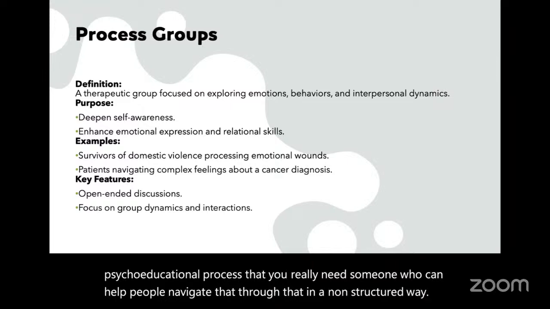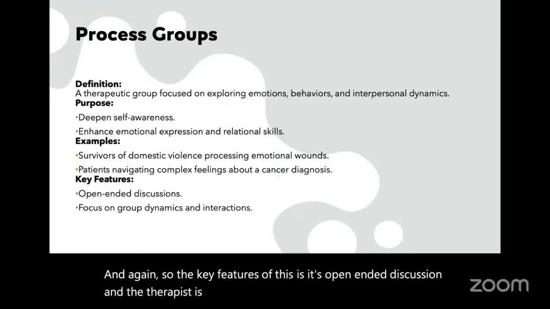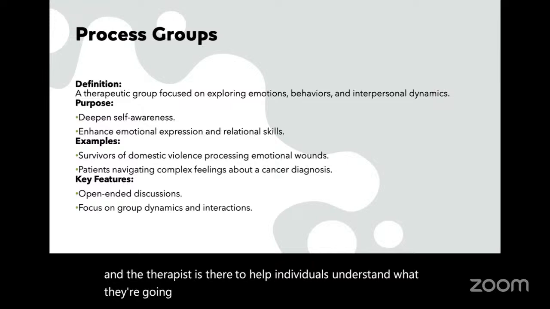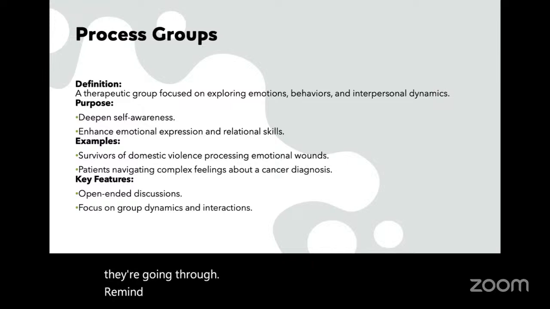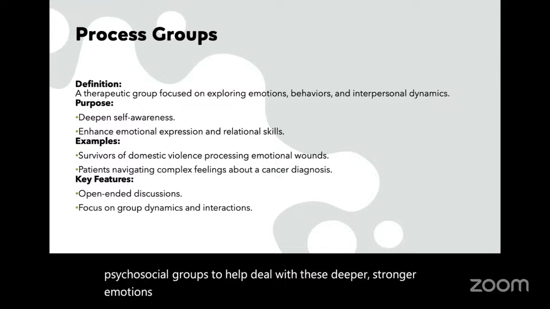And again, the key features of this is it's open-ended discussion, and the therapist is there to help individuals understand what they're going through, remind them of things that they learned in the treatment and psychosocial groups to help deal with these deeper, stronger emotions that they're now experiencing. And it also focuses on group dynamic and interaction.